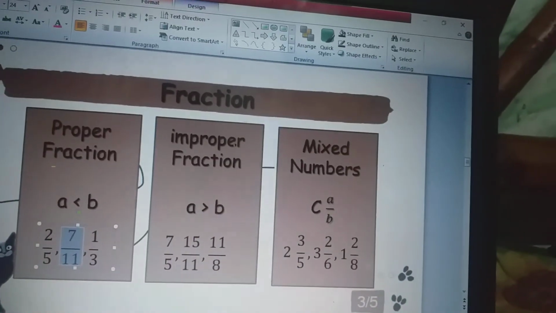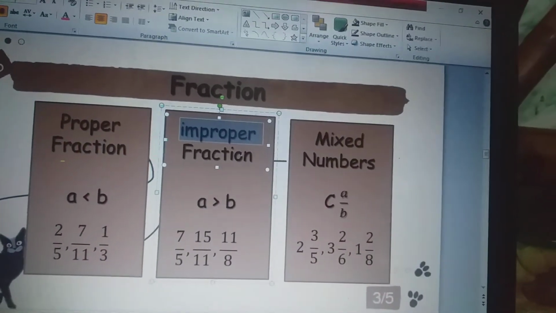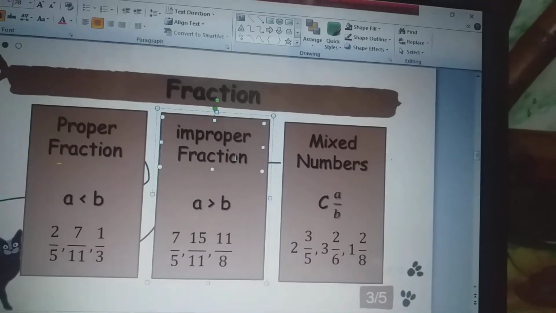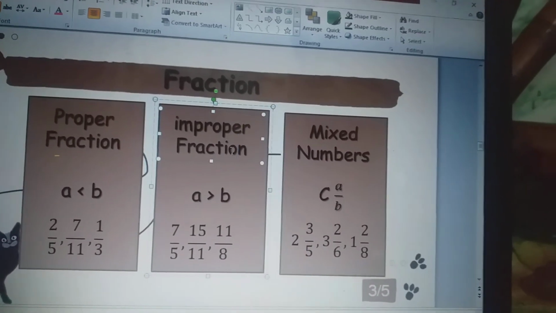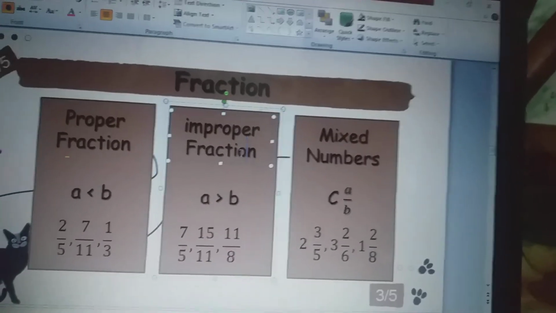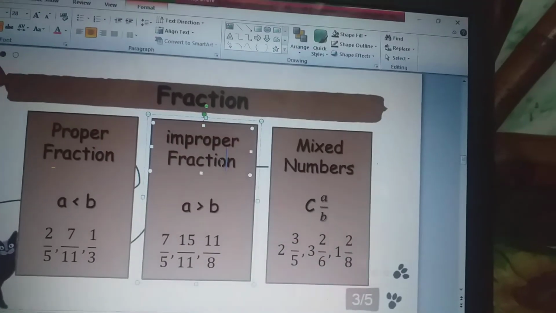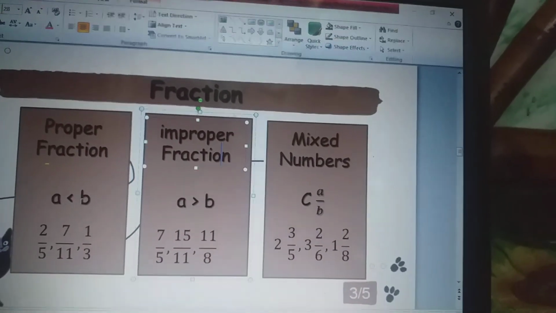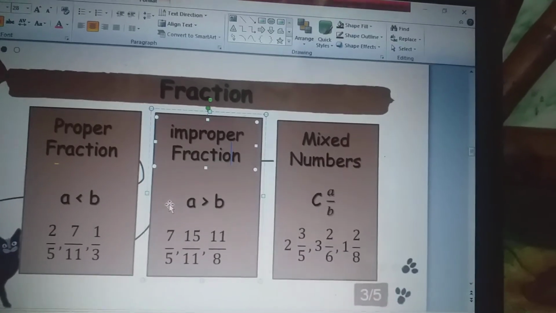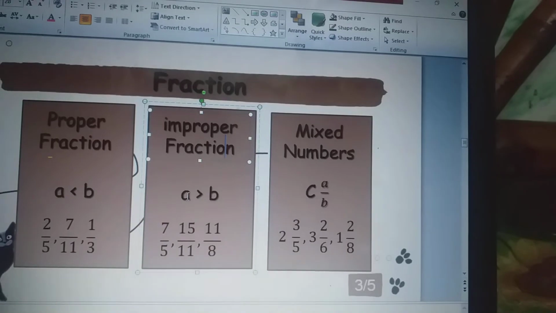Then, the second type is improper fraction. So, when we say improper fraction, okay, the numerator, so it's the opposite of proper fraction. So, kabaliktaran siya ng proper fraction. Okay? So, kung ang proper fraction, mas maliit yung numerator sa denominator, dito po sa improper, numerator is greater than the denominator.